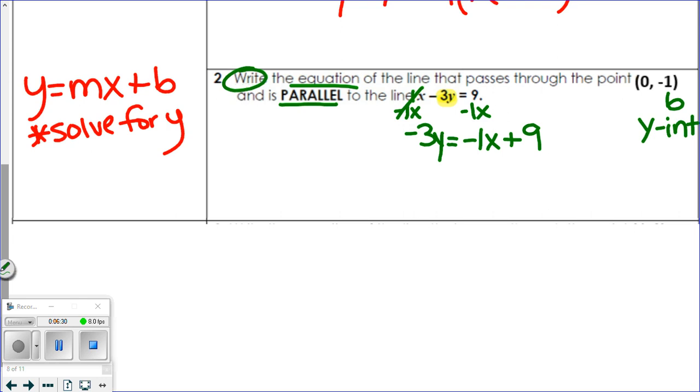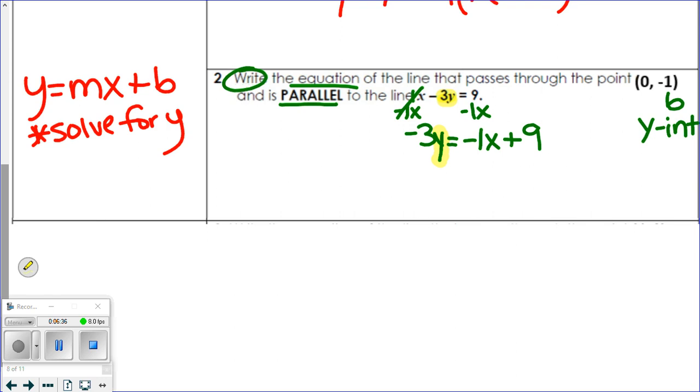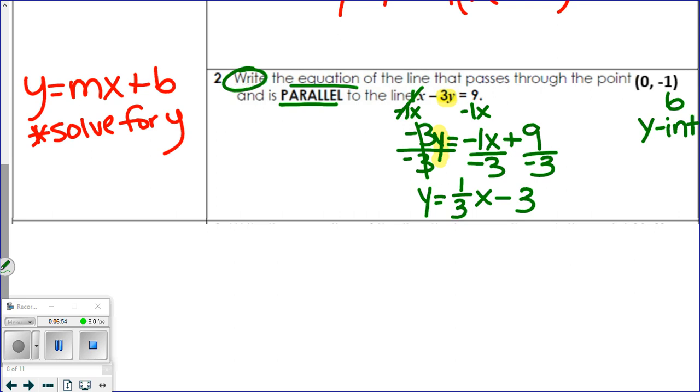So in order to have y by itself, we need to divide everything by -3. So y equals 1/3 x minus 3. Two negatives make a positive.